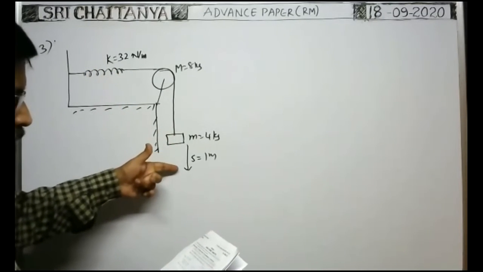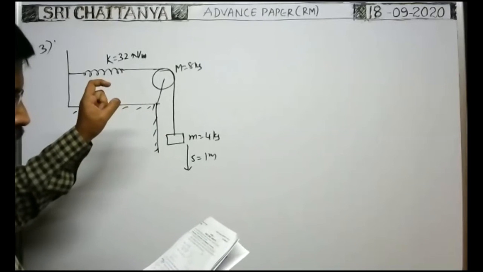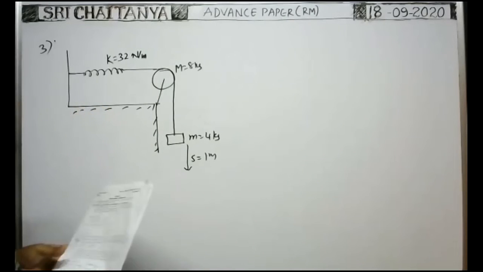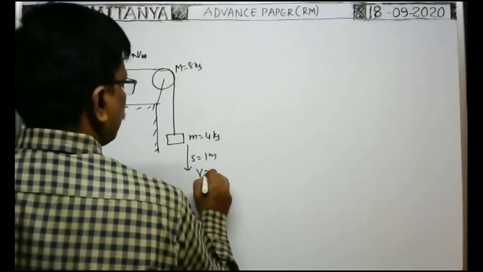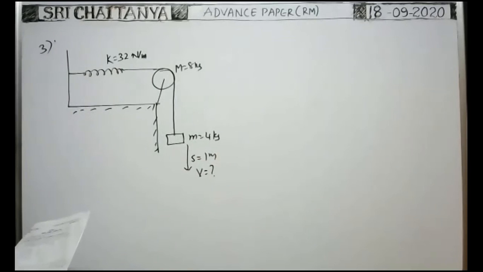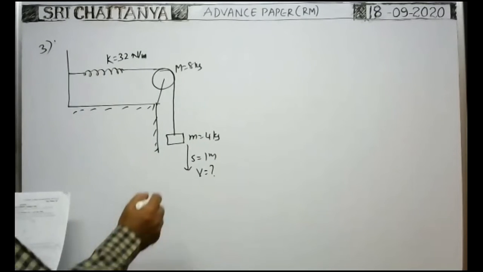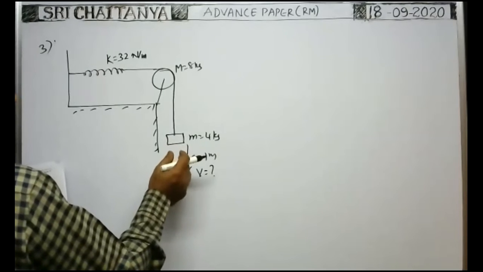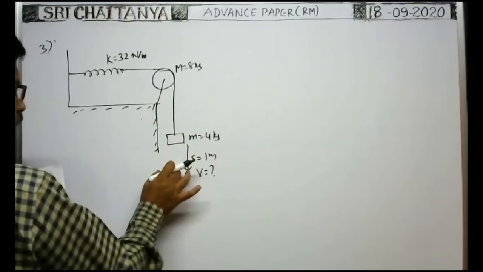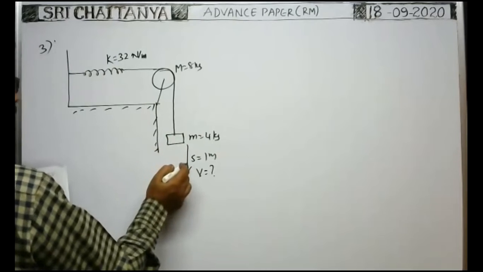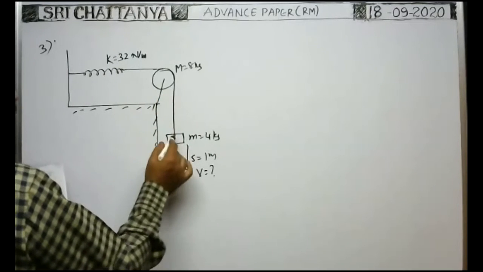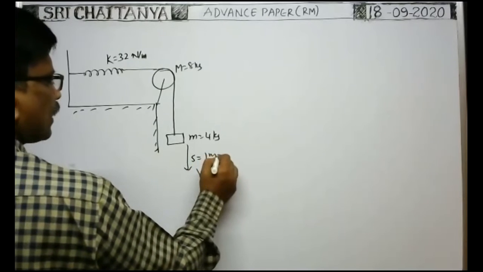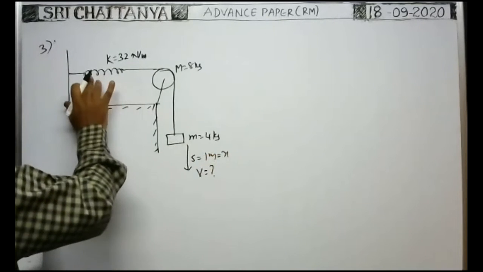Whenever it falls through a 1 meter distance, what is the speed of the block at that time? They asked the speed of the block, v is equal to question mark. Here, whenever the block comes down a distance, work is done by gravity for this distance, and at the same time, as this comes down a distance of 1 meter, or say x, the spring extends by x.